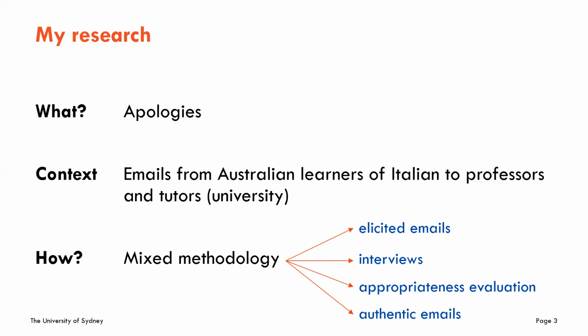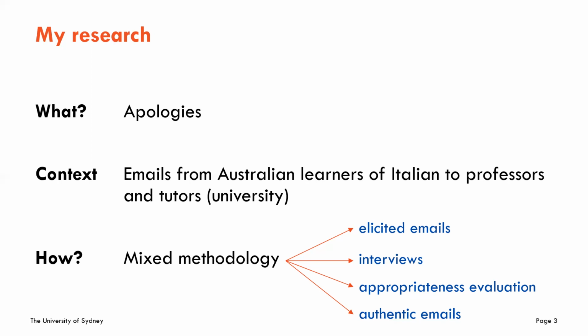So looking at that student to academic staff communication in a university setting, and specifically looking at apologies within those emails. And as I mentioned, again, looking at this in a comparative perspective with native speakers of Italian and native speakers of Australian English to see where these learners lie between those two native speaker groups.